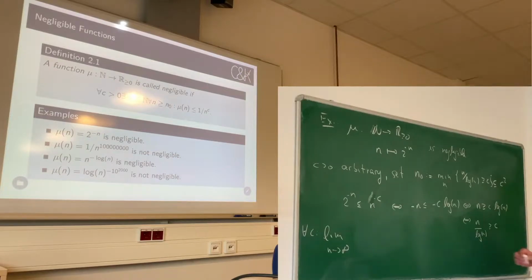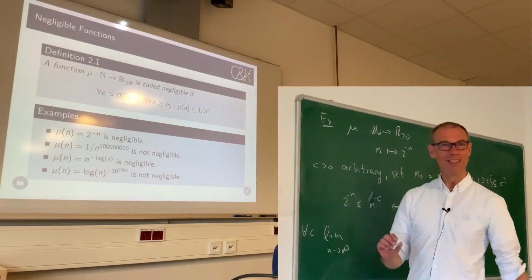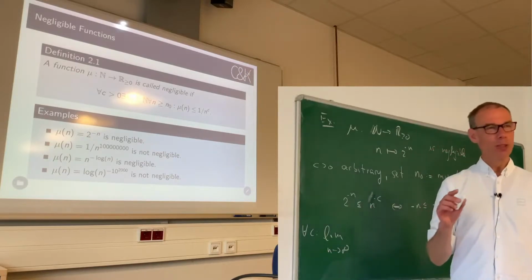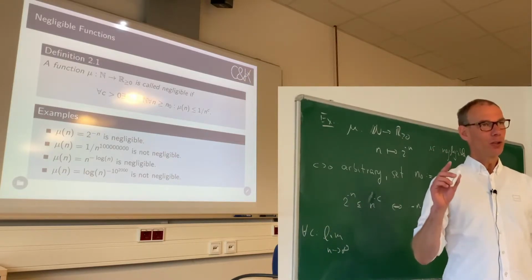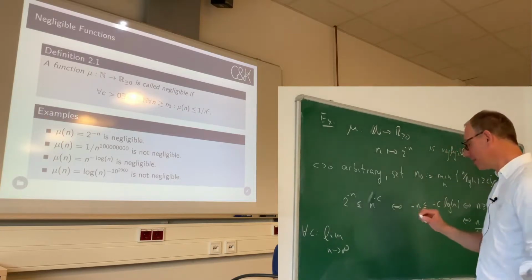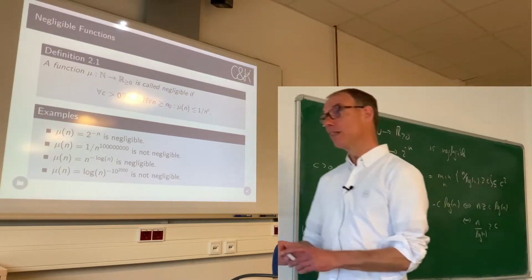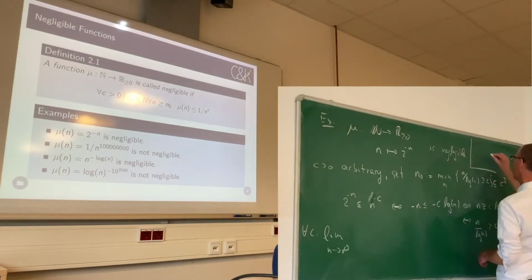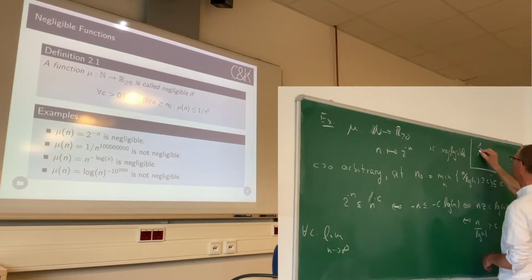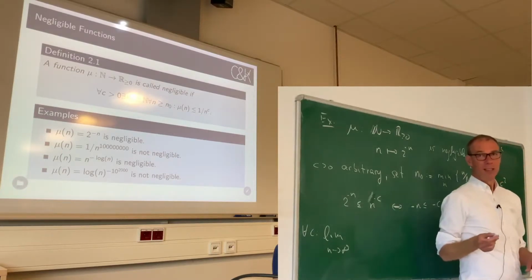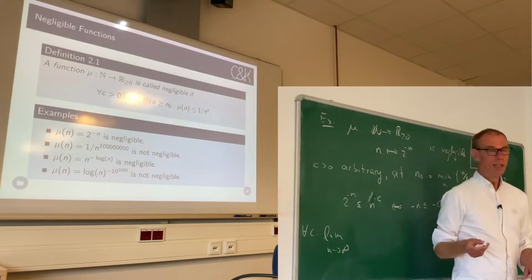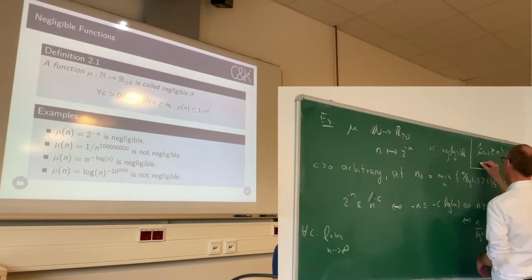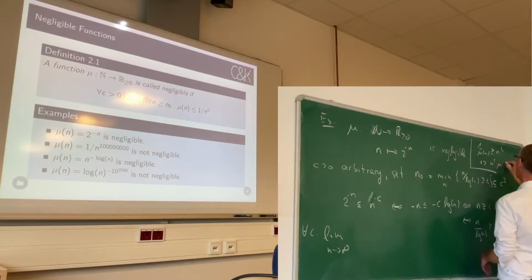I want 1 over mu, let me just do it the other way around. So what we want is 1 over mu of n is larger than n to the c, and in fact we want that this becomes arbitrarily small.